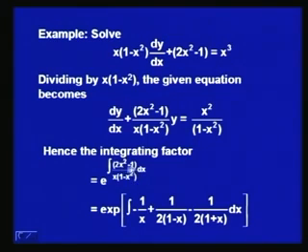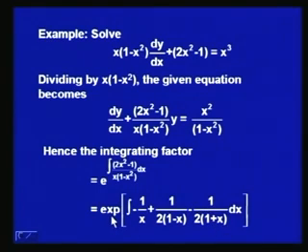Now, let us break (2x² - 1)/(x(1 - x²)) into partial fractions. The denominator has factors x(1 - x)(1 + x). So, we will have the partial fractions of the function as -1/x + 2/(1 - x) - 2/(1 + x).